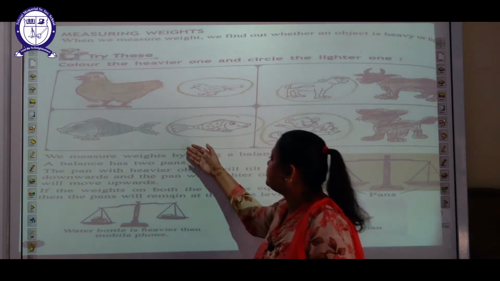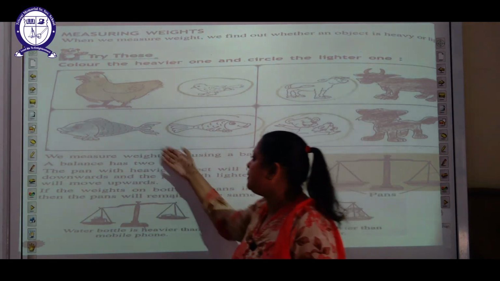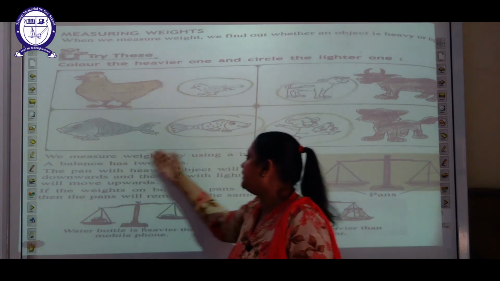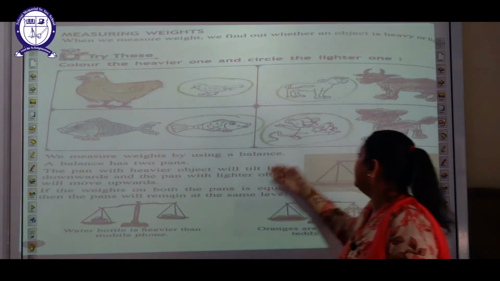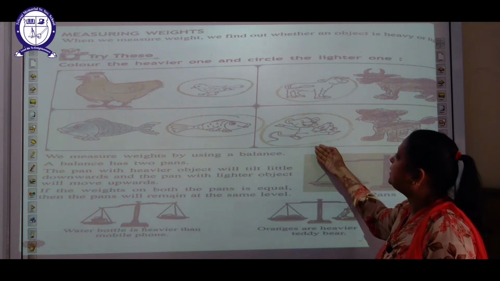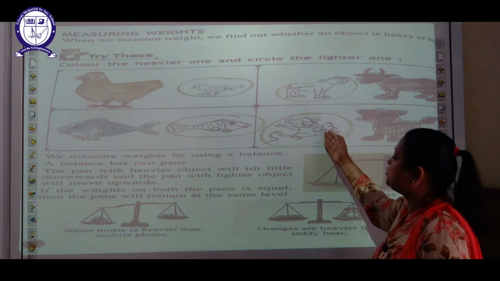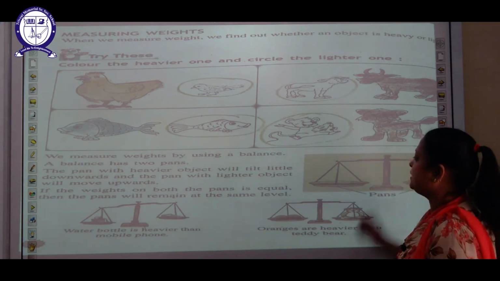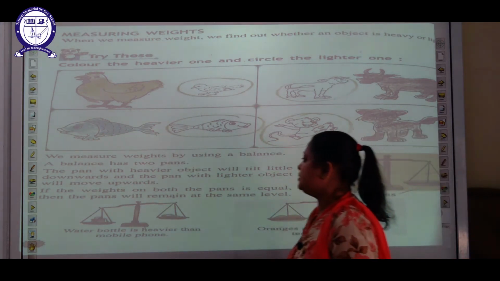Next, you have seen 2 fishes here. The big fish means it is heavy. So you have to color this and circle this. In this picture, students, red is lighter, so circle the lighter one, and this is heavy, so color this one.